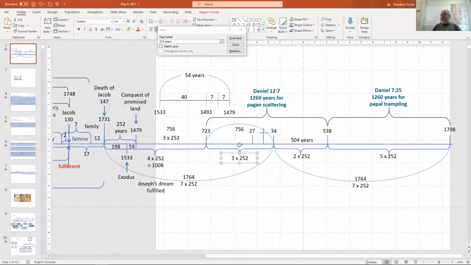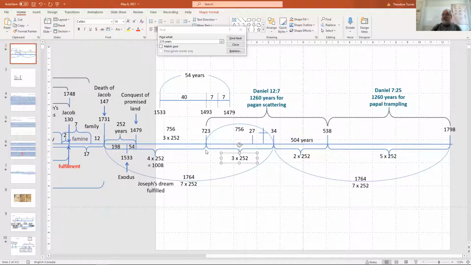But even then, without that, we have 723 and from 723 BC back to the death of Jacob is 4 times 252, or 1008 years. And then from 723 to 34 AD is 3 times 252. So what we can do is connect back all of this about the promised land.